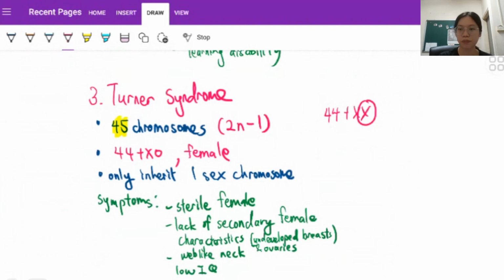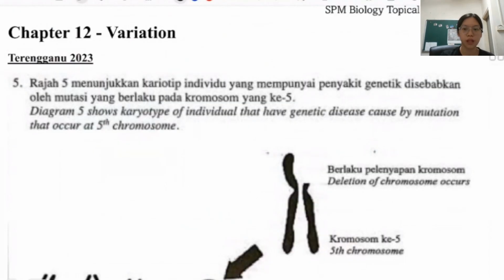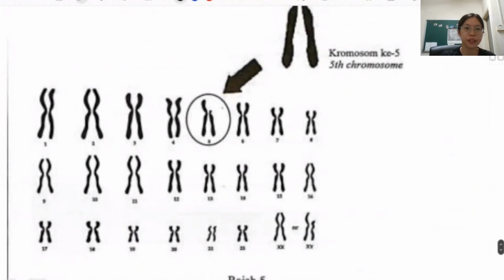By taking a look at this question, it is super direct and they are very kind, they straight out provide to you that it actually is a chromosomal mutation at chromosome 5.